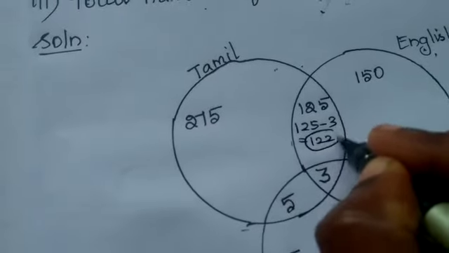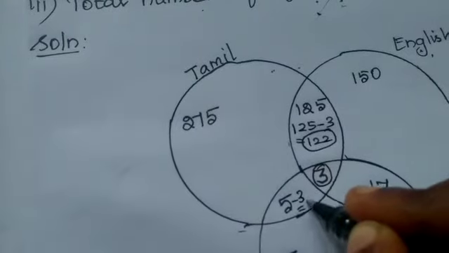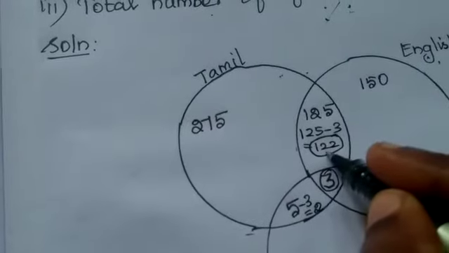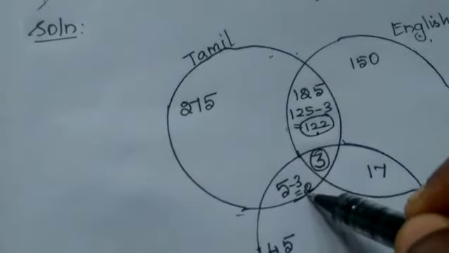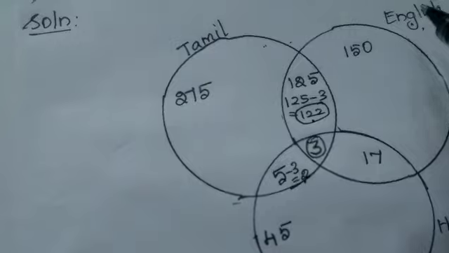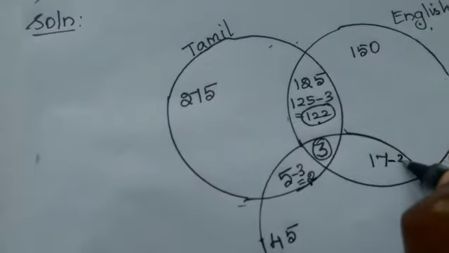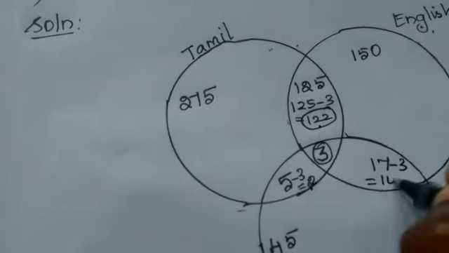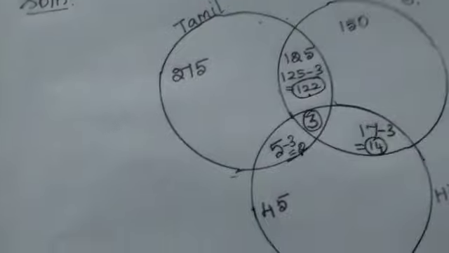Now Tamil and English paper buyers are 122. Now Tamil and Hindi paper buyers are 5 minus 3, that is 2 only. Next, English and Hindi paper buyers 17 minus 3 equal to 14. 14 people only buy English and Hindi.